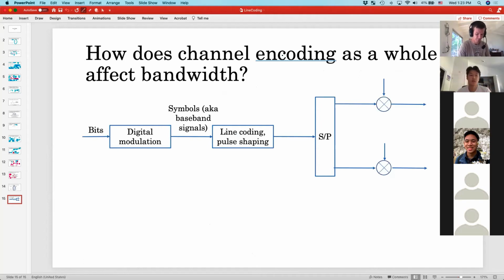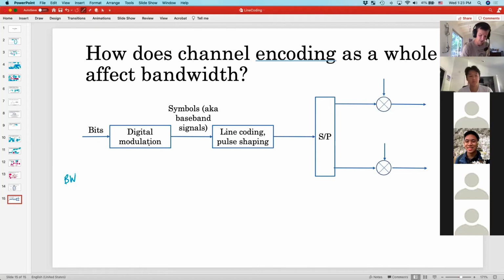Okay, so we led off this whole discussion with a talk about Nyquist's channel capacity. And so what I'd like to do is trace how the bandwidth evolves as we go through this transmission coding scheme.